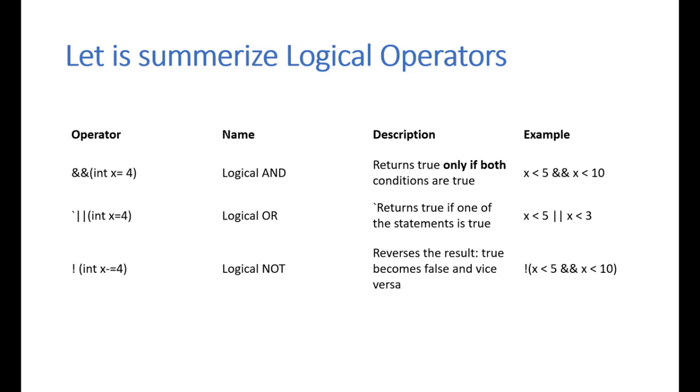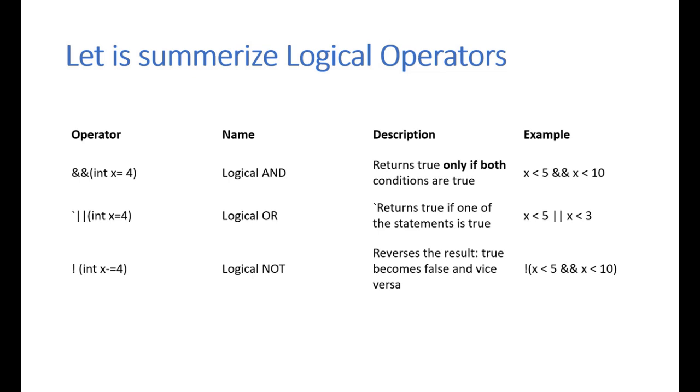In this case, I have an option to use the logical AND operator. I will use x is less than 5, that is expression number 1, then AND operator, and x is less than 10, which is expression number 2. Because both the conditions are satisfied, I come up with the true result and this result can get displayed.